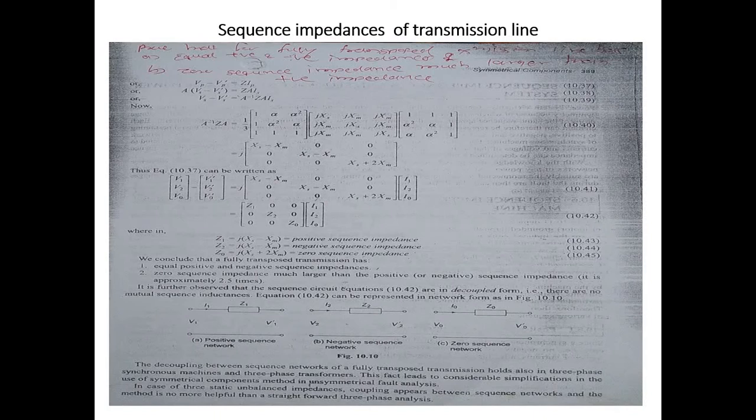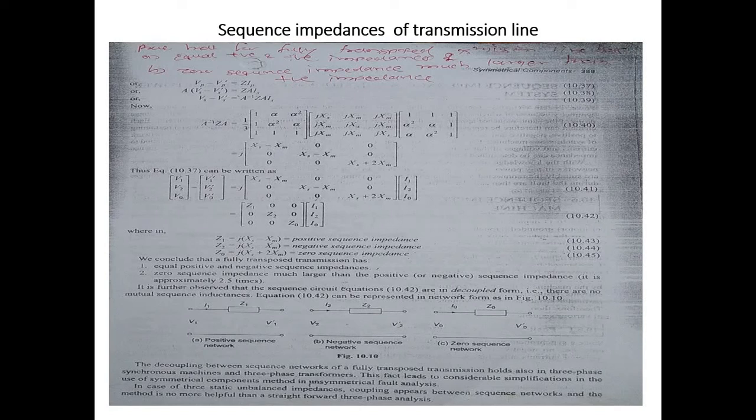Now here VP minus VP dash is equal to JD into IP, capital A in bracket, VS minus VS dash is equal to JD into capital A into IS, and VS minus VS dash is equal to A inverse of JD into A into IS, that is A inverse JD A is equal to 1 by 3.